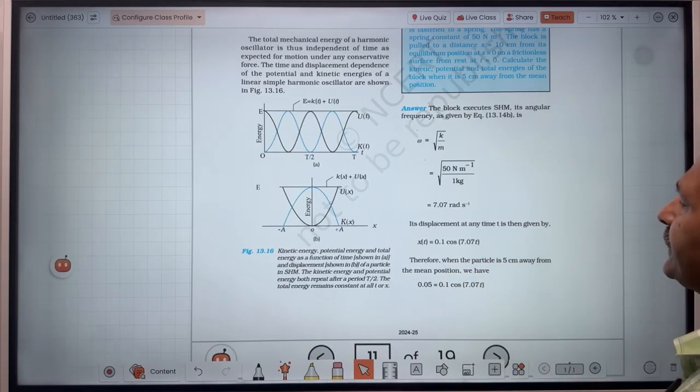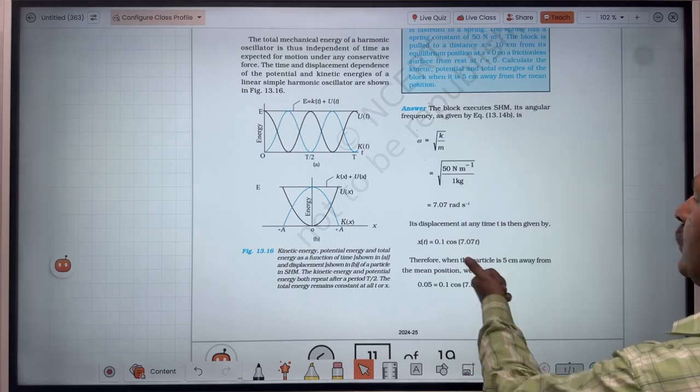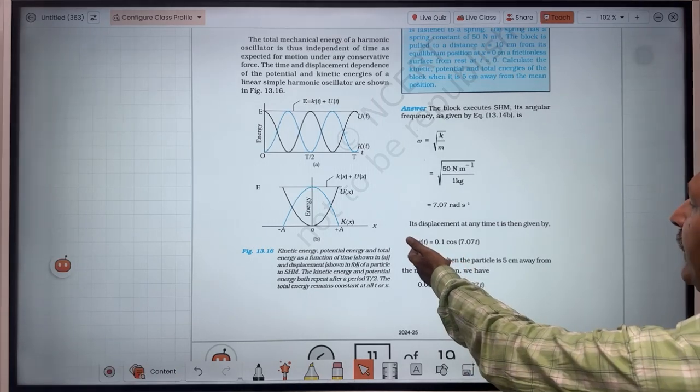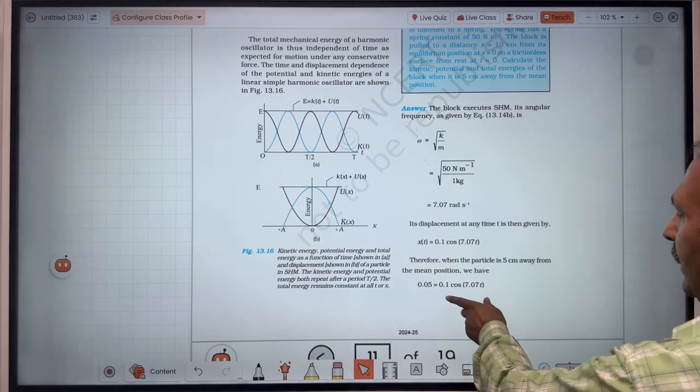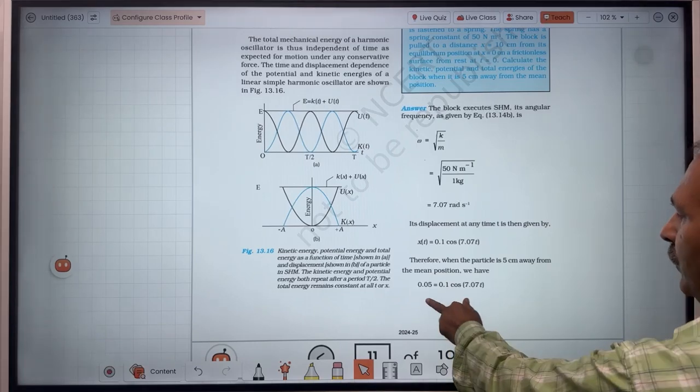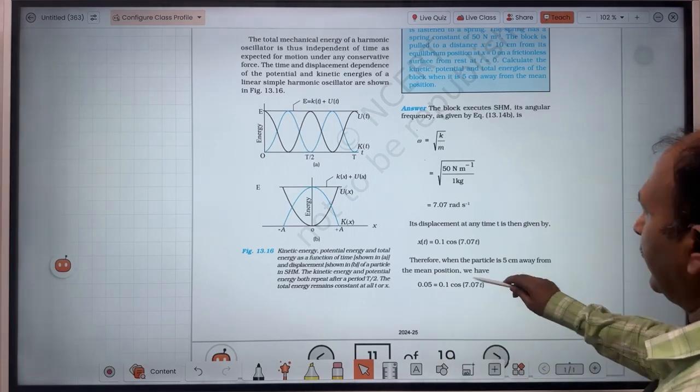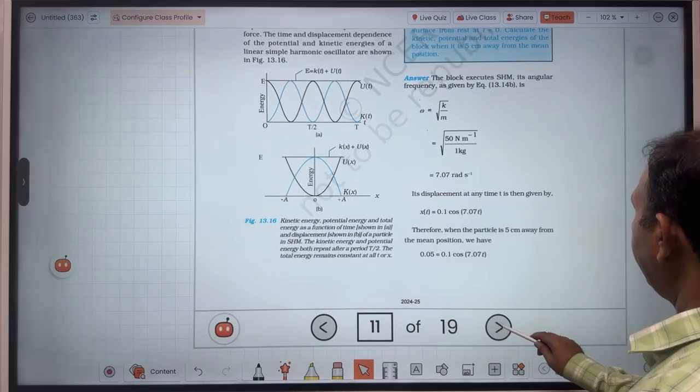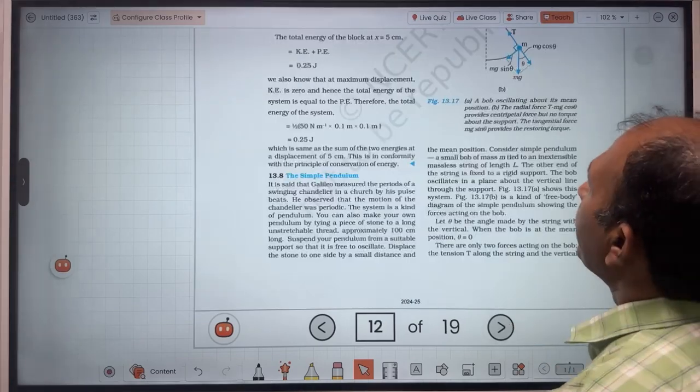Now when the particle is 5 centimeter away, it means in place of x we can write 5 centimeter. So we get this relation, we can divide it by 0.1, and then we can find the value of t. So let's see.